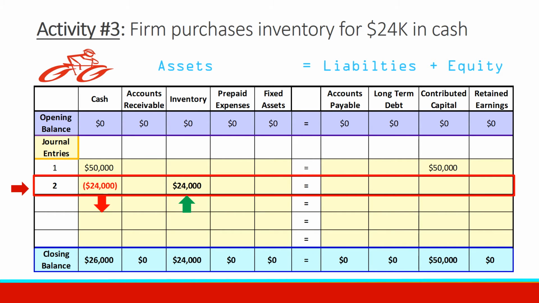The firm is now going to engage in a third activity. It's going to purchase inventory for $24,000 in cash. You can see that highlighted in the red box labeled journal entry number 2. You can see in the cash column now a red number in parentheses of $24,000.